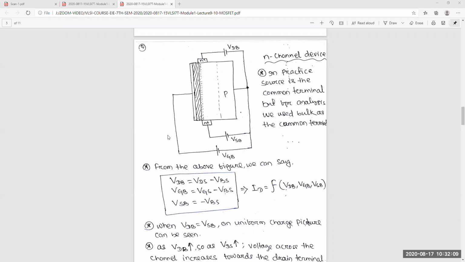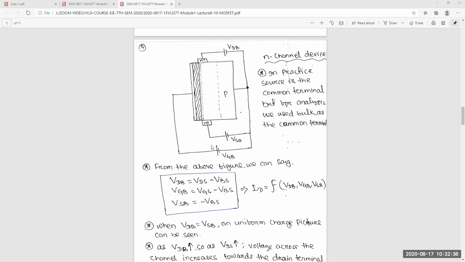That is VGB, VSB, and VDB. From this you can also refer to the source, because VDB is nothing but VDS minus VBS. VDB means this voltage to bulk, which is this to this minus this to this. So VDS minus VBS.